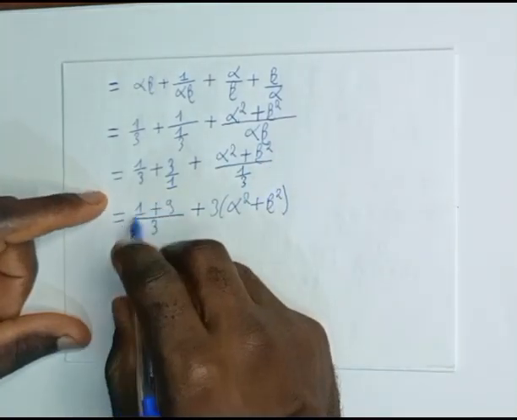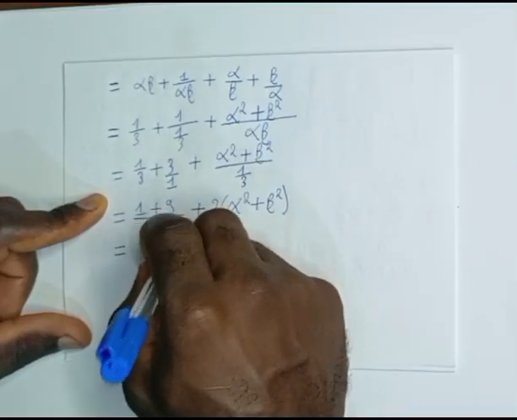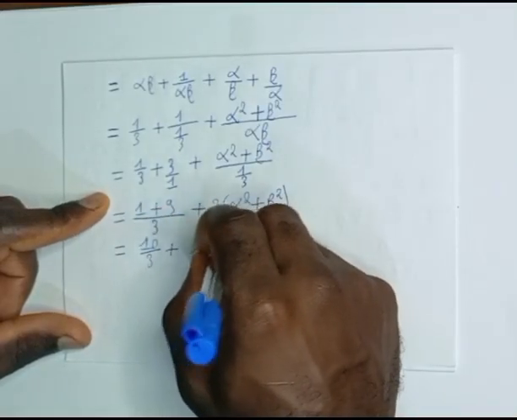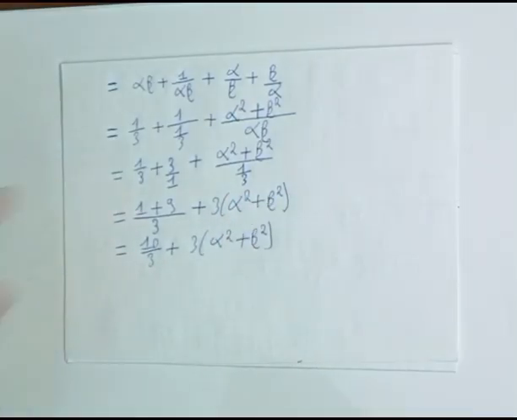This will simply be equal to 1 plus 9 gives us 10 over 3 plus 3 times alpha squared plus beta squared. Next, we have to find alpha squared plus beta squared.